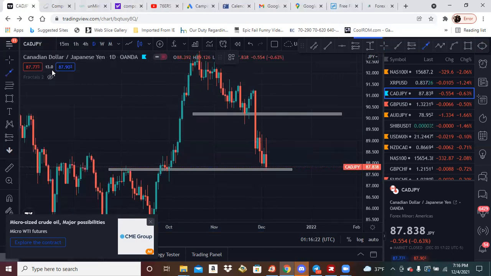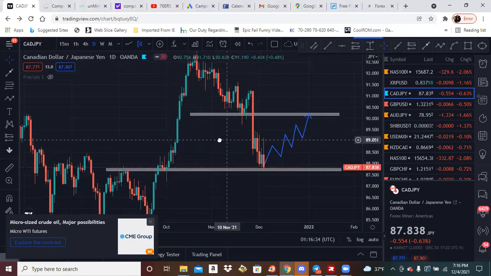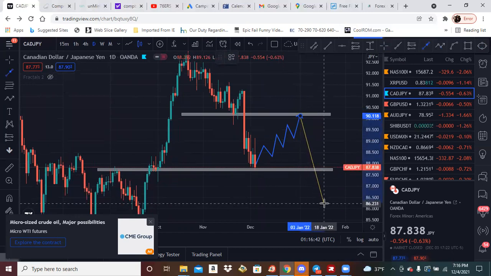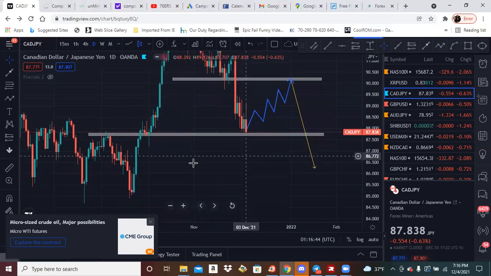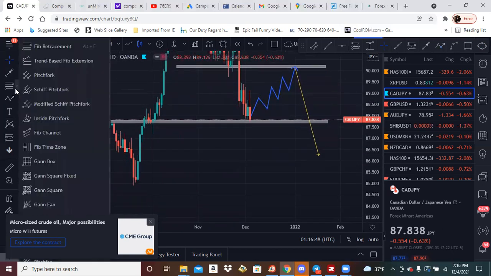Who knows? But just for the sake of elementary, we might have something that comes back and retests this area. Now, if it comes back and retests, in the retest you look for some bearish sentiments, and if it doesn't make it, then the market will continue and make a lower low from this point, which will come back and take out these structural lows.